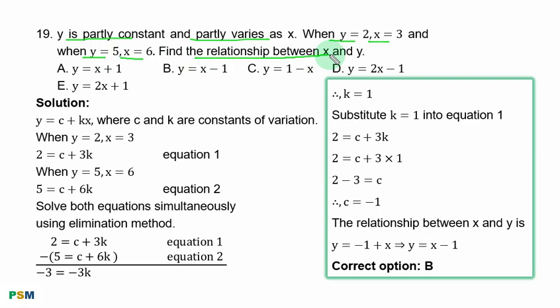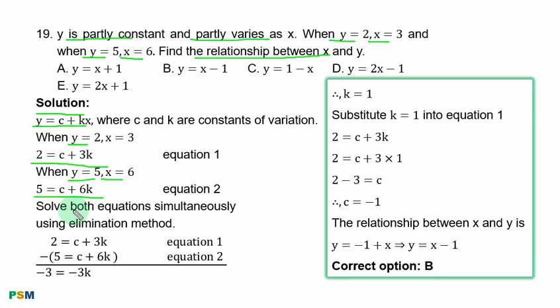This is partial variation interpreted in this form, where c and k are constants of variation. When s equal to 3, y equal to 2, you have this as equation 1 using this expression. When y equal to 5, s equal to 6, you have this as the second equation.